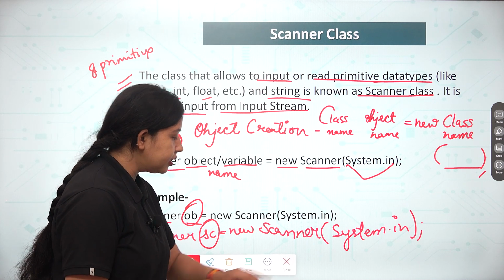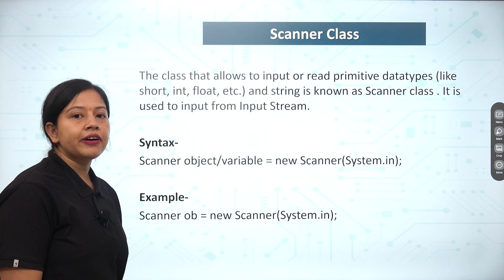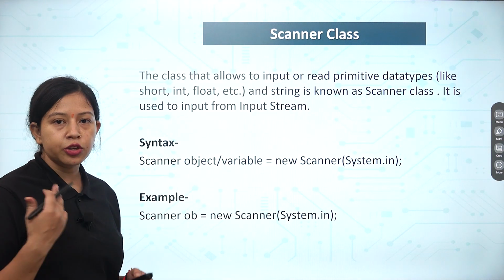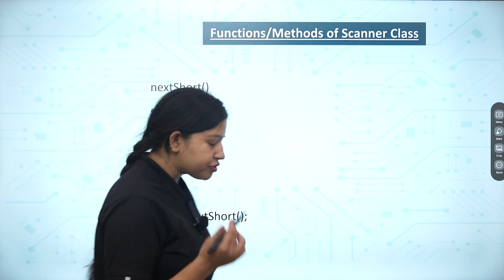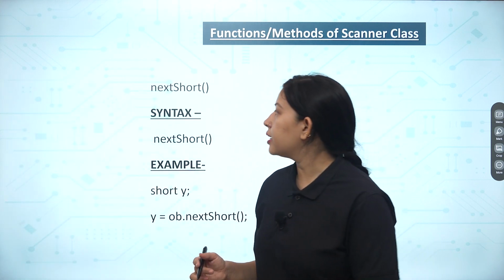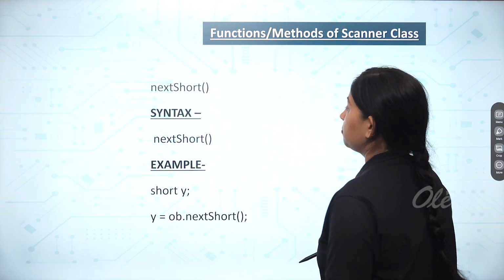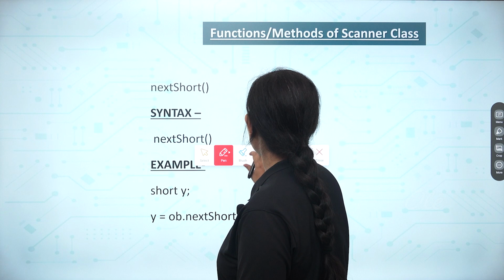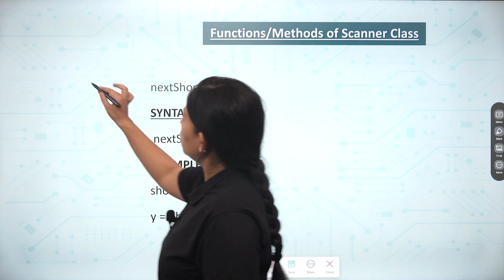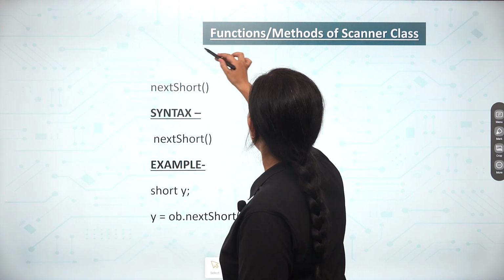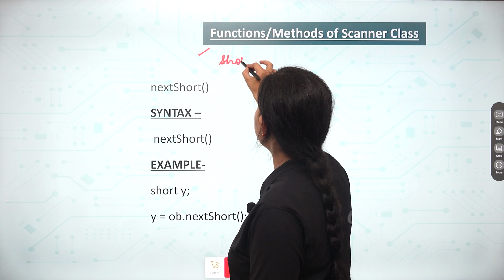So without any further delay, let's discuss some important predefined Scanner class methods that we are going to use in programs. The very first method is called nextShort. This nextShort is useful to store a short value, because it works on the primitive data type, and short, as we all know, is a primitive data type.